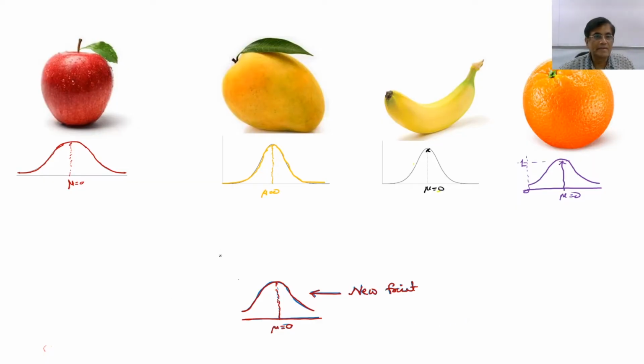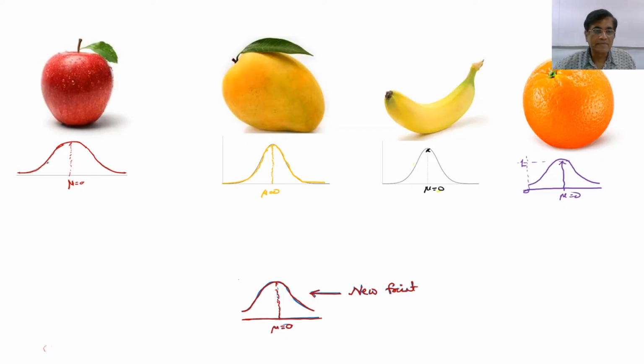Say I have several classes here. These are different kinds of fruits: apple, mango, banana, orange. Say, fictitiously, I have taken the distribution of one feature, maybe a texture feature. Just assume.